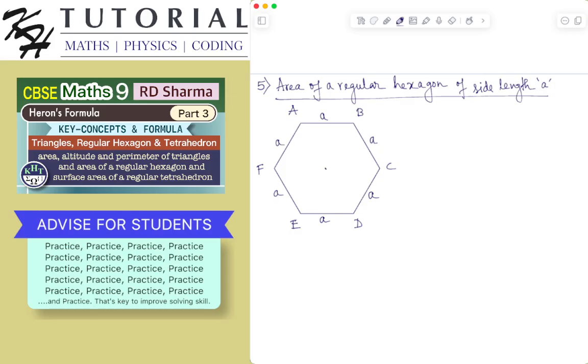So the point where all the perpendicular bisectors of the sides of a regular polygon intersect is known as the center of the regular polygon.